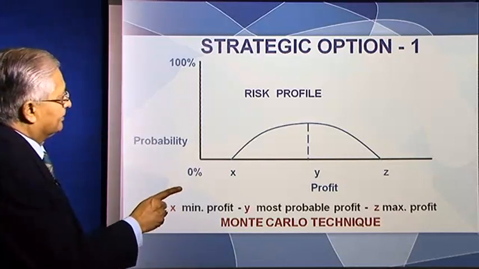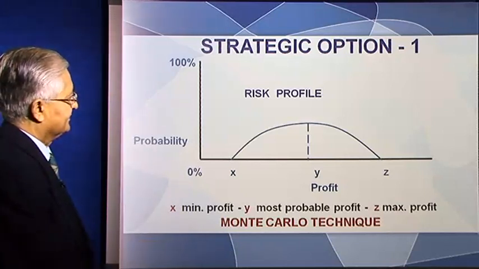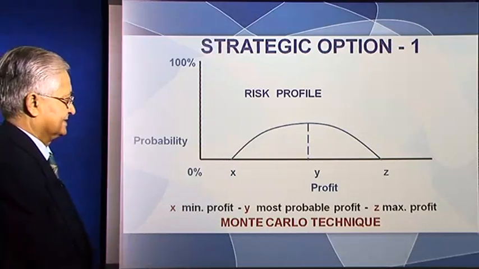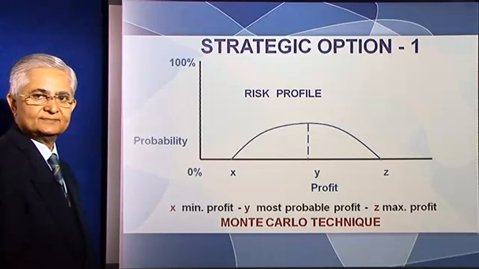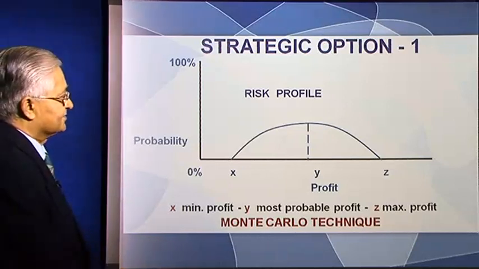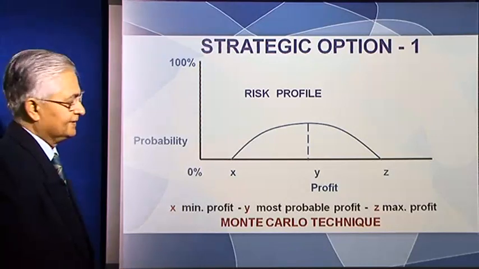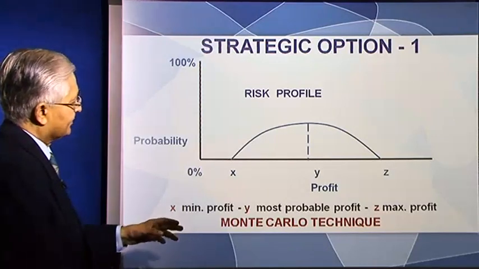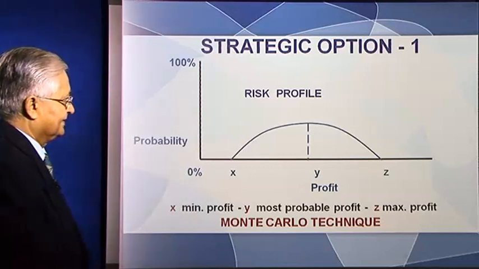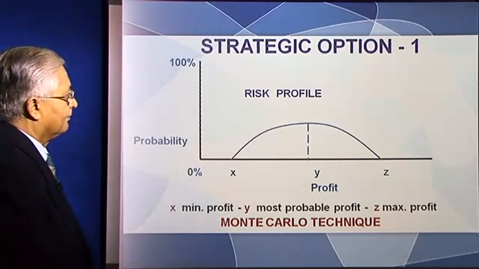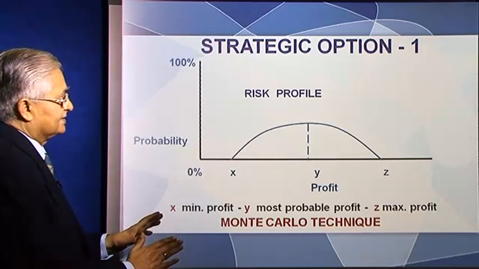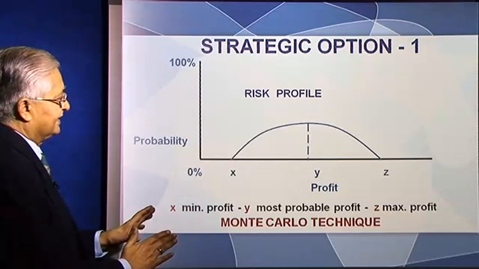This is the probability curve. Y is the most likely profit which will result from this particular strategic option. The profit will not be less than x and the profit will not be more than z. Okay? That's what this risk profile tells us.